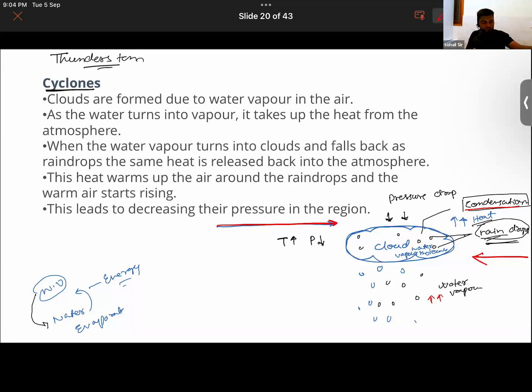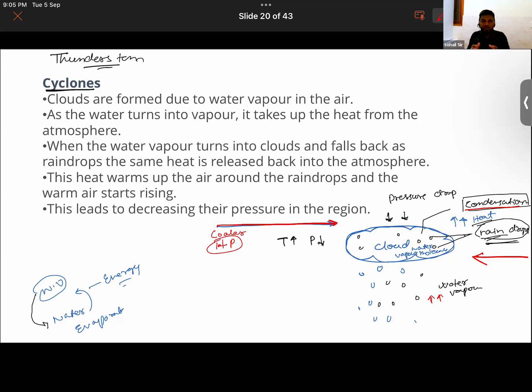Can you say that point again? The air molecules which are surrounding this cloud are cooler here, they are colder. So more cooler means their pressure is higher; they have more pressure.